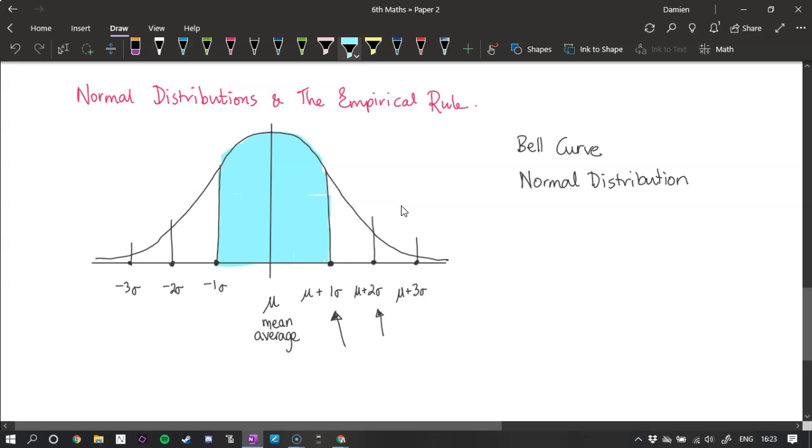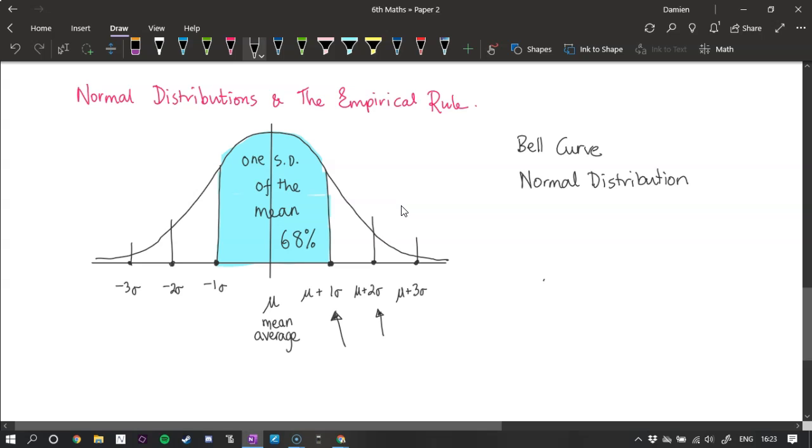So this particular area here is called being within 1 standard deviation of the mean, or the average. And that's what goes in there. There's a percentage of the population that is within 1 standard deviation of the mean. And for your course, the number you need to understand is 68%. So what does that mean?